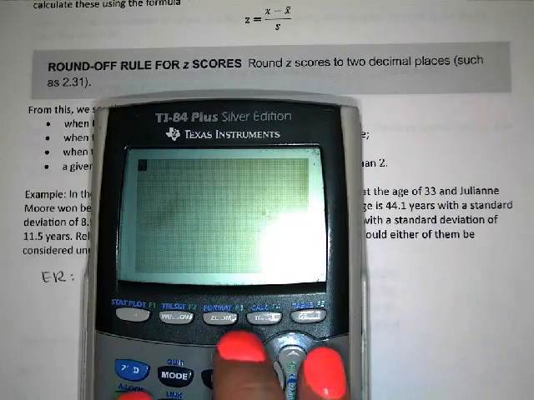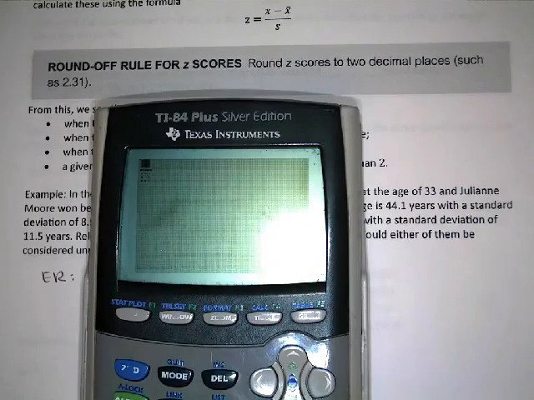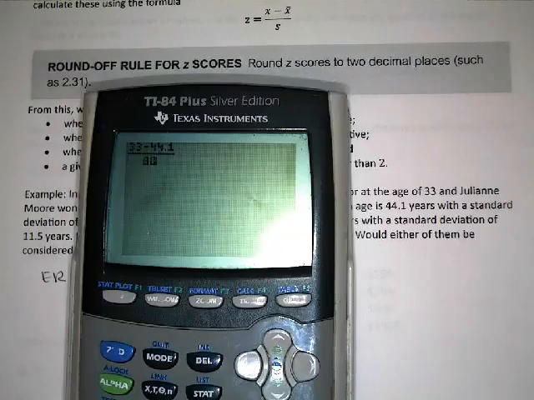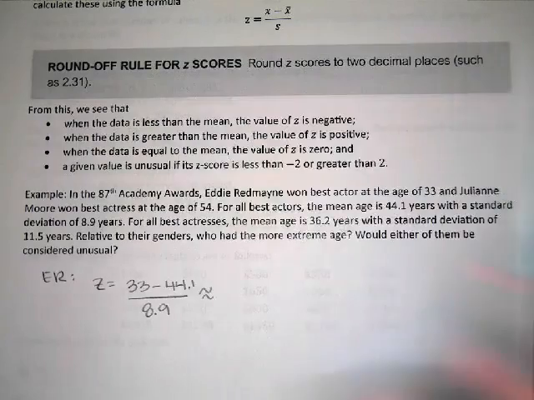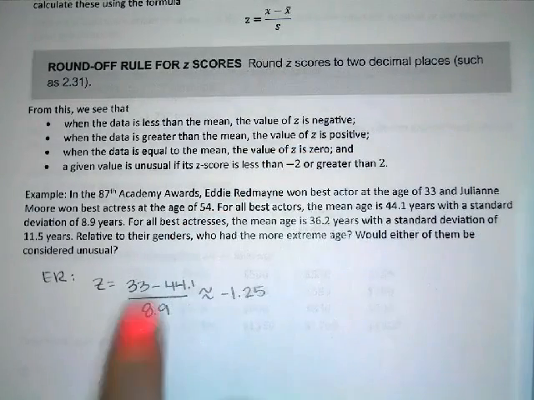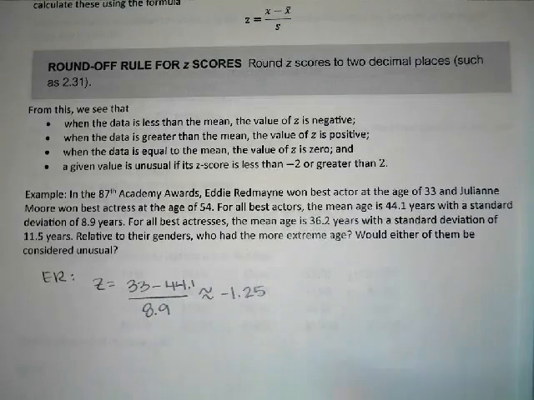You can see I just did that math. Okay, 33 minus 44.1 over 8.9, negative 1.25. The negative makes sense because when he won, he was younger than the mean. So he was less than the mean, which means a negative z-score.